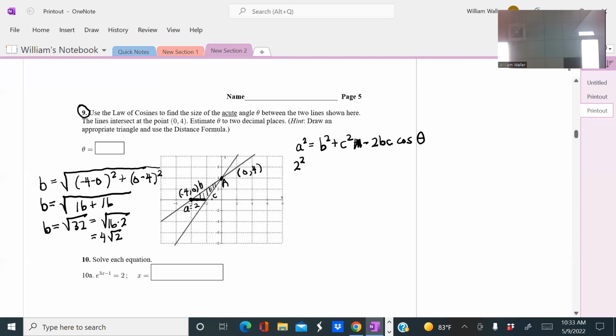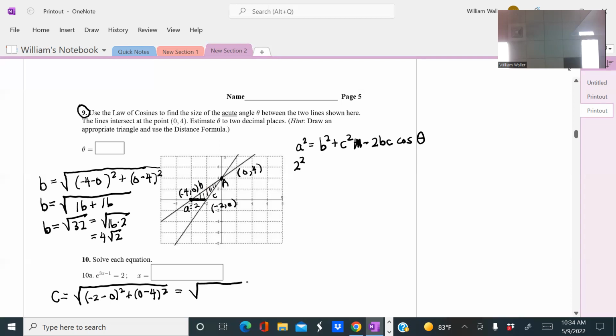All right, now let's find C. What's this point? This is -2 and 0, right? And same point on top. So we know that C is going to be the square root of, see, what is that? -2 minus 0 squared, right? Plus again, 0 minus 4 squared.